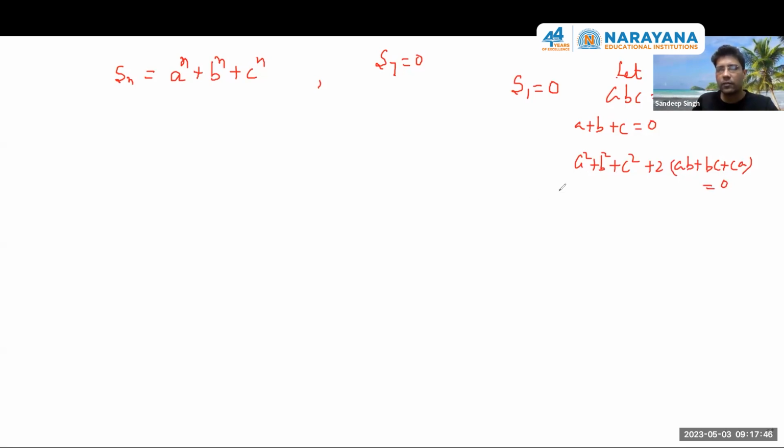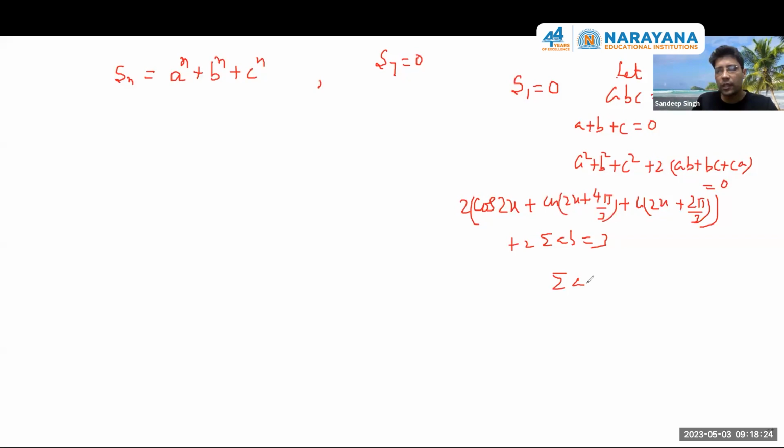Cos square plus cos square plus cos square I can write as 2 cos 2x minus 1, plus 2 cos of 2x plus 4 pi by 3, and then cos of 2x plus 8 pi by 3, which is effectively 2 pi by 3. Correct? So obviously this will vanish, minus 1, so plus 3, plus twice summation AB.